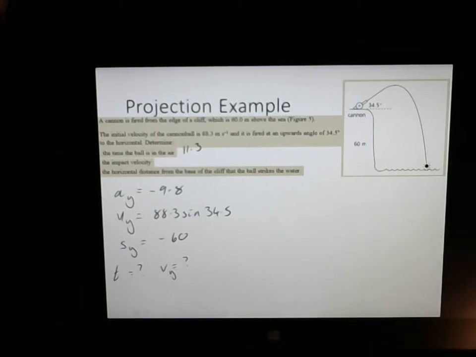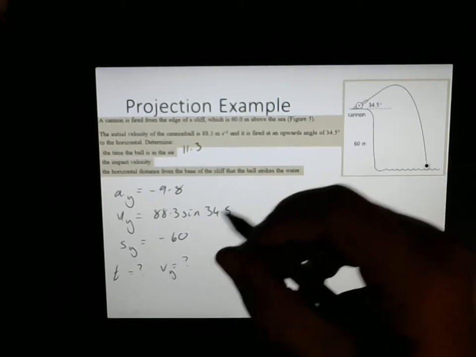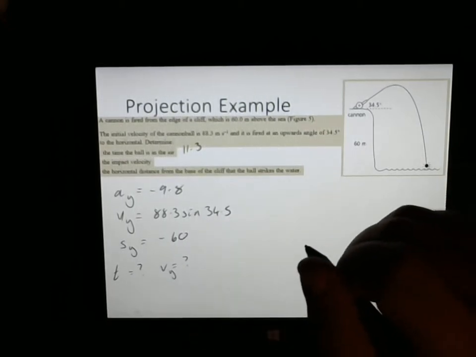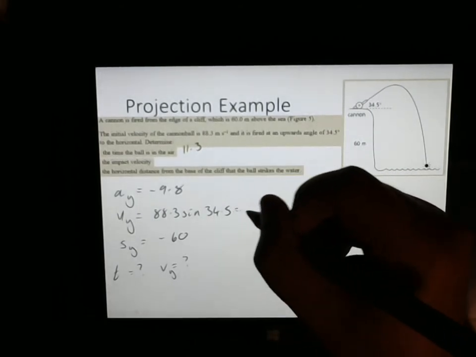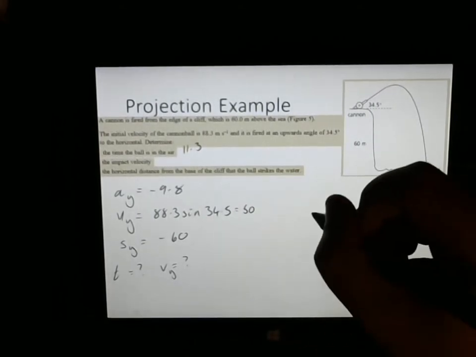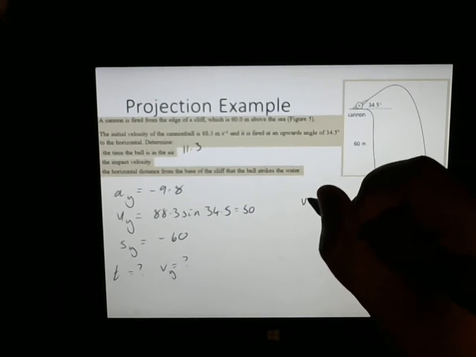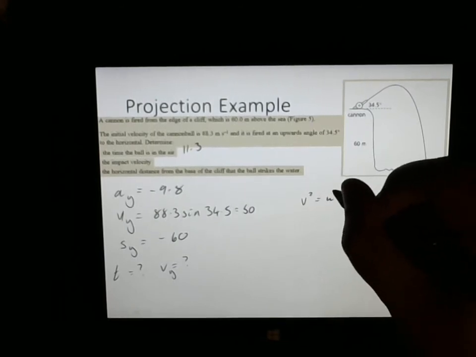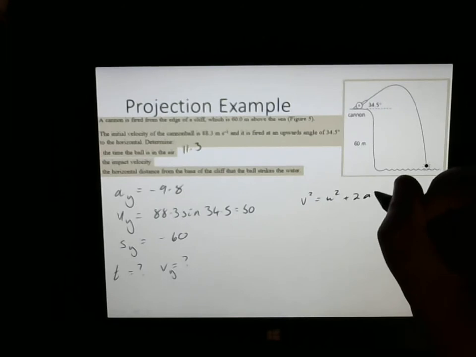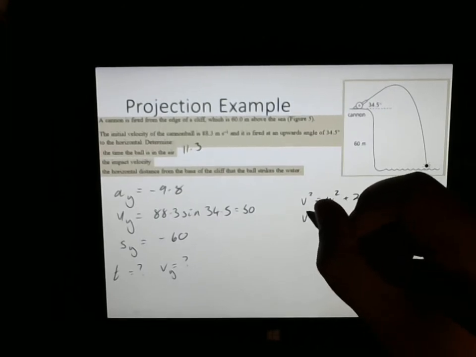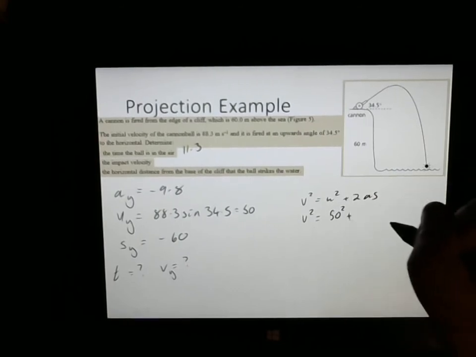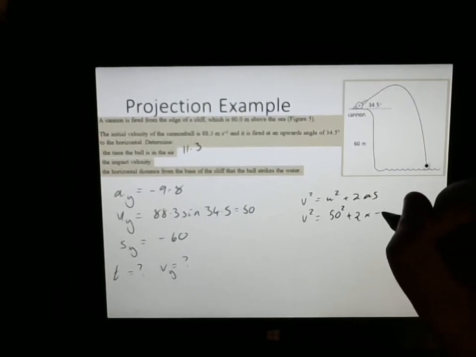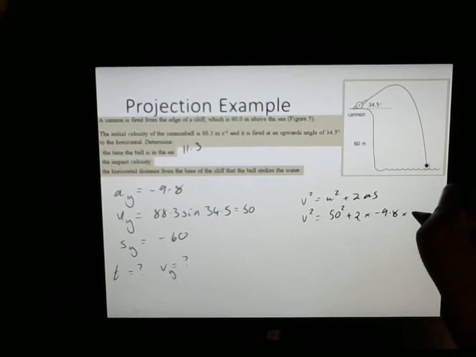Okay, second part, we need our Vy. I'm going to use v squared equals u squared plus 2as, because again, there is less error. I said that was equal to 50, didn't I? So, v squared equals 50 squared plus 2 times negative 9.8 times negative 60.